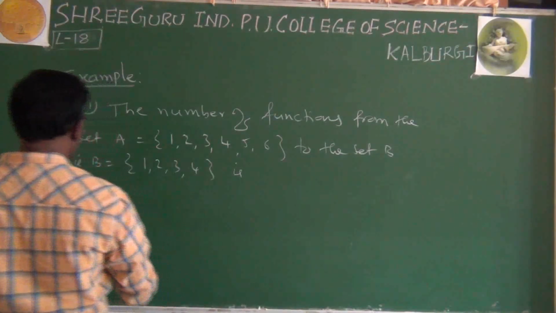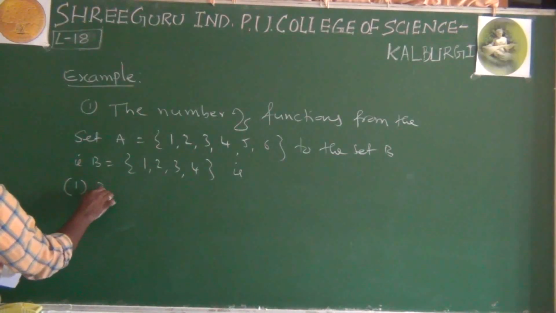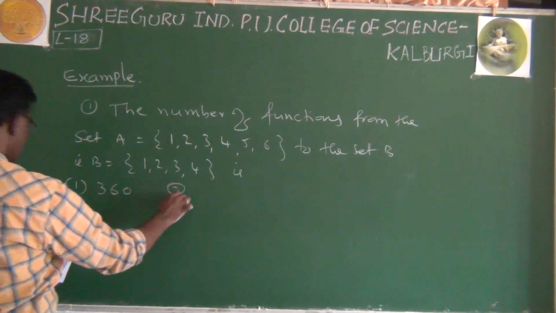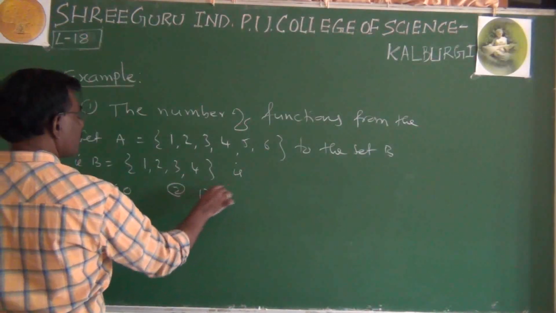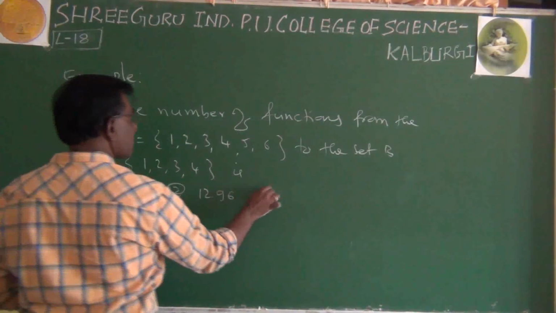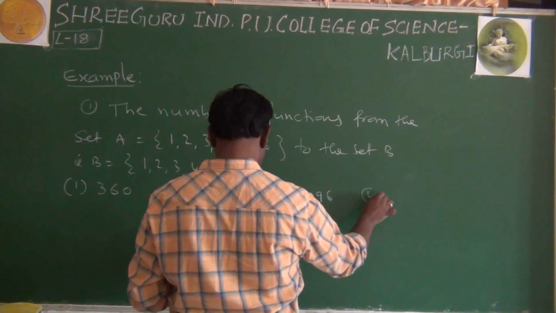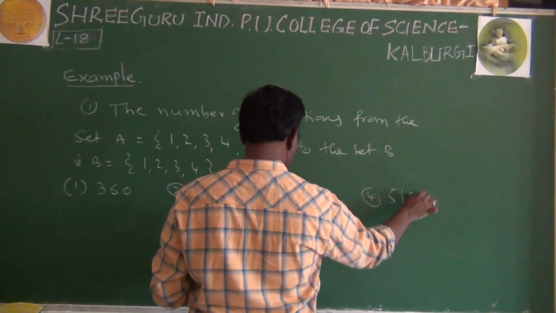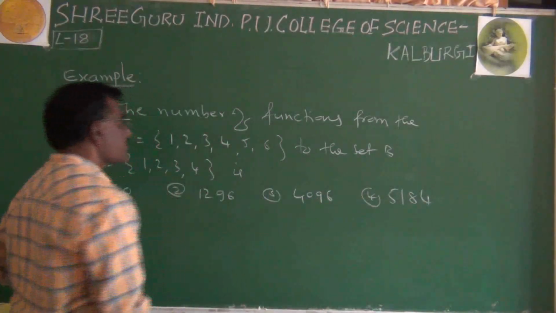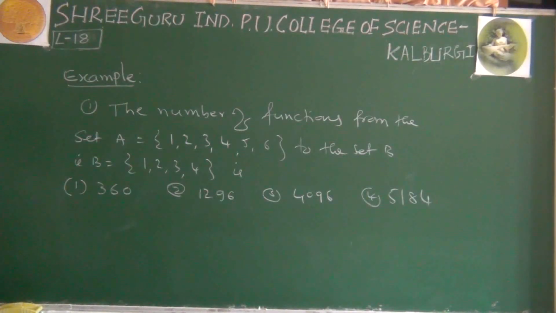First option 360, second option 112, 1296, 4096 and 5184. So it is just multiple choice I am asking.